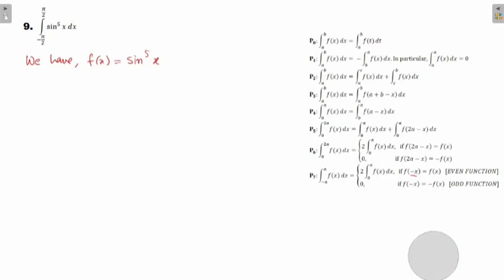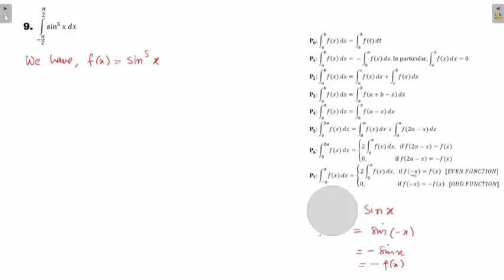For example, f(x) equals sine x is a perfect example of an odd function, because when you write minus x in place of x, you get sine of minus theta, and sine of minus theta is minus sine theta, isn't it? And we have sine x as f(x). So f of minus x is equal to minus f(x). In such a case, the function is known to be an odd function.